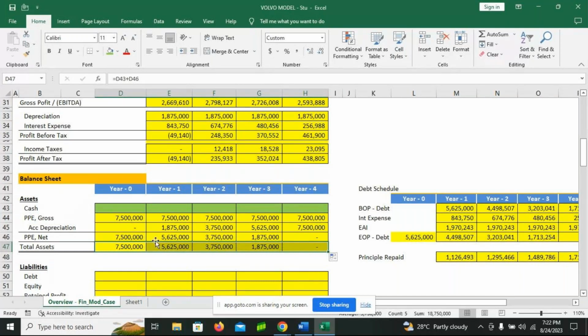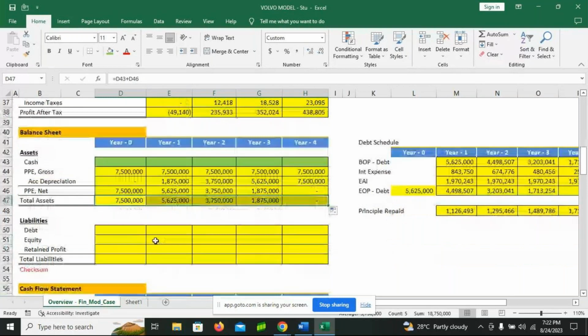Now let's do the liability side. So debt is this amount, that is the loan amount what I have taken. So this is going to remain the same.